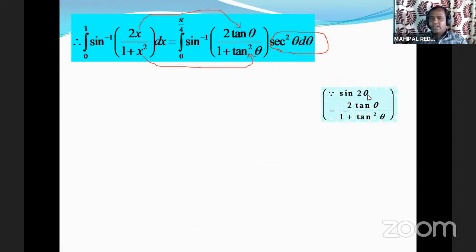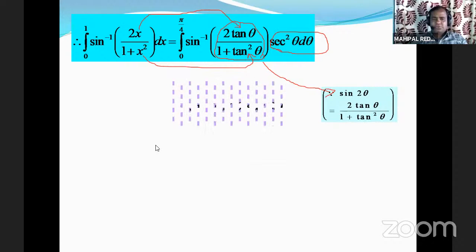We know the sine 2 theta formula. Sine 2 theta formula is 2 tan theta by 1 plus tan square theta. This total is simply sine 2 theta only. 2 tan theta by 1 plus tan square theta is nothing but sine 2 theta.